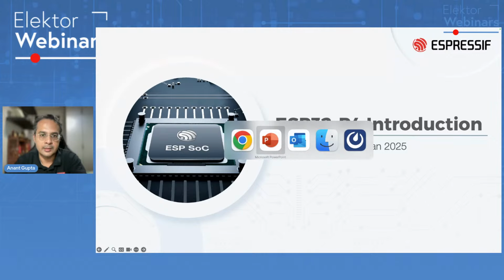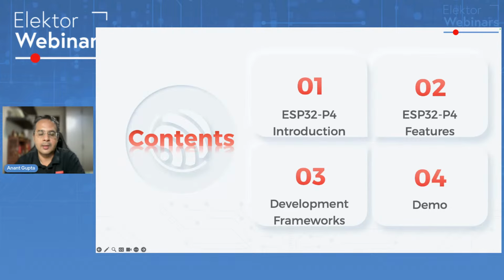So let's get started. As I mentioned, we will firstly go over the ESP32-P4, a brief introduction. Then we go into more detail about the features, the HMI capabilities, the processor capabilities, the memory architecture, also some AI capabilities, as well as security related features which we have added onto the P4.